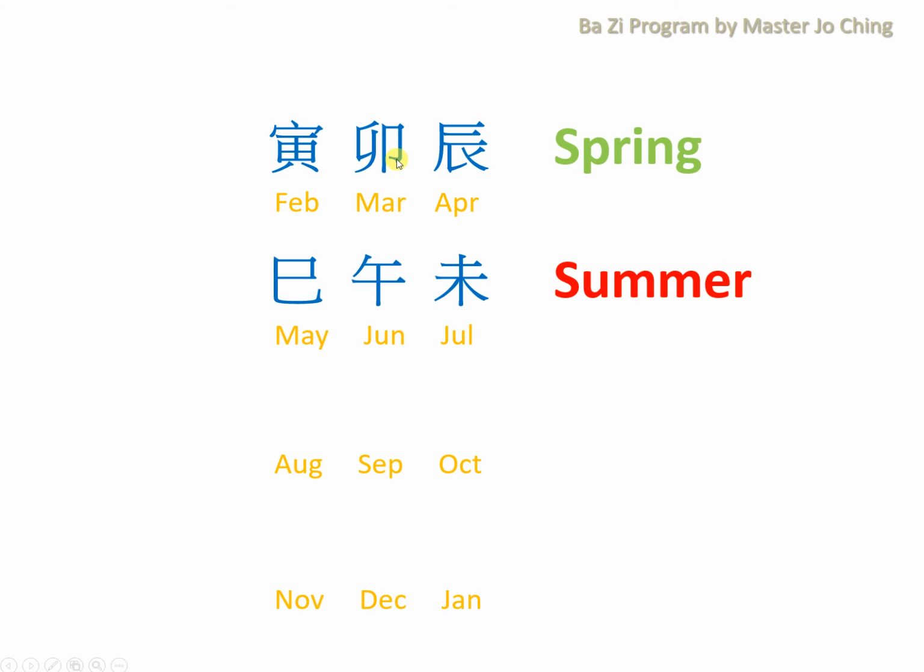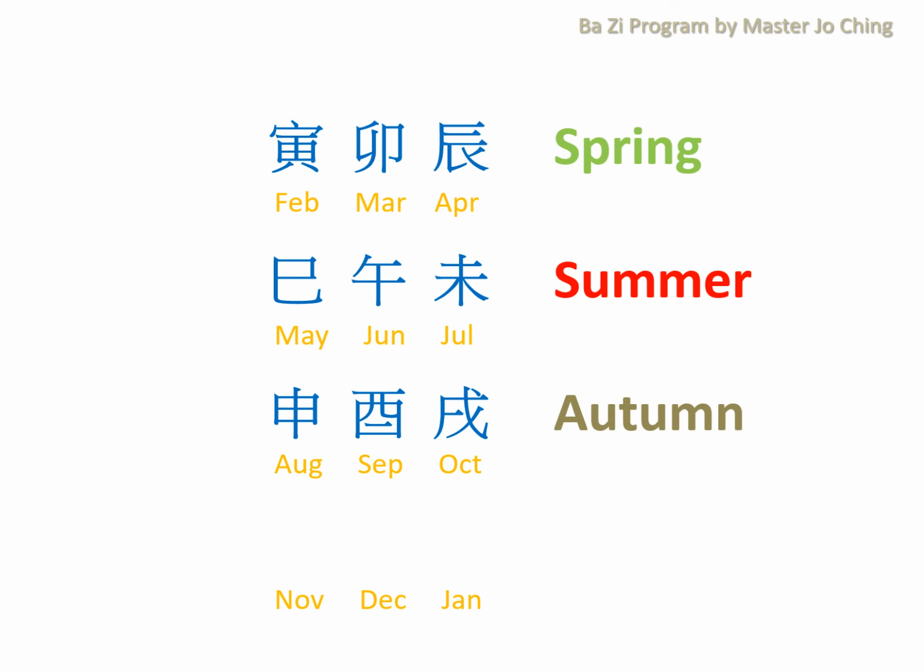You see, wood, wood, earth, fire, fire, earth. 巳 usually rules the month of May, spilling over to the first week of June, but at this juncture you just need to know that 巳午未 represents the summer season, strongly governed by fire energy.